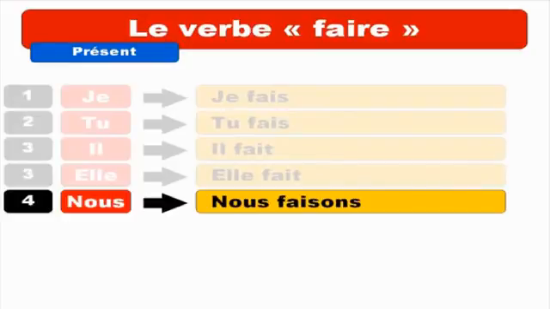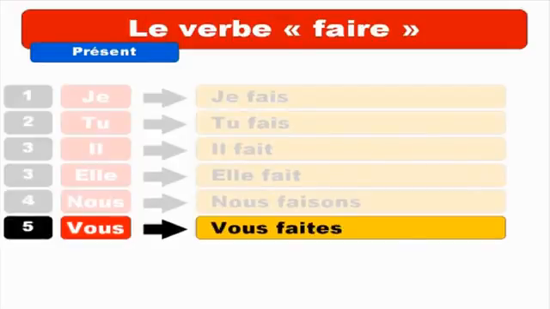Okay. Then comes nous. Nous faisons. So here it's quite tricky because actually we write it A-I, faisons, but then we pronounce it like fe-zons. Okay, and then final S is not pronounced. So nous faisons. Repeat. Nous faisons. Okay, so here comes the strange form.